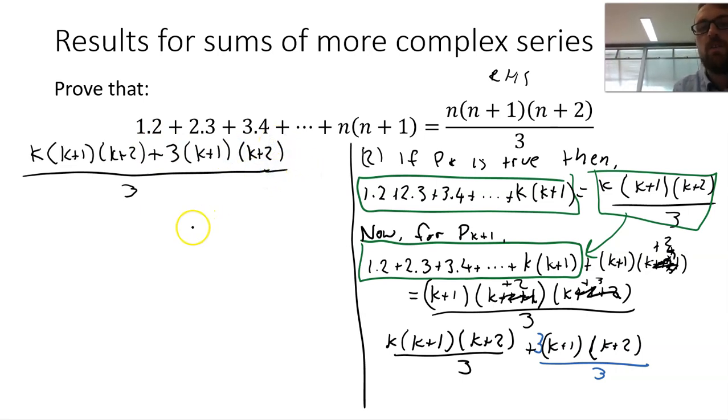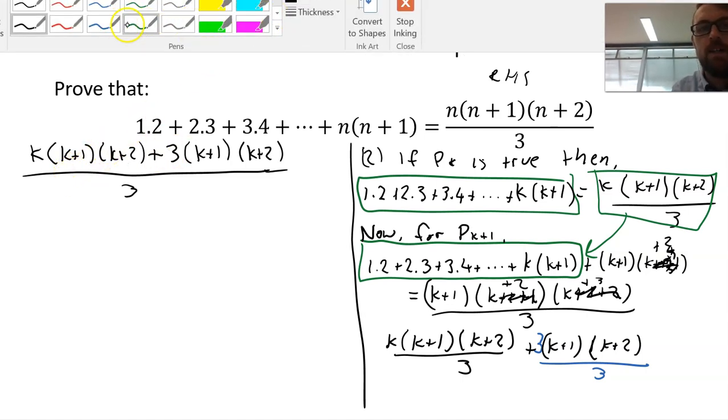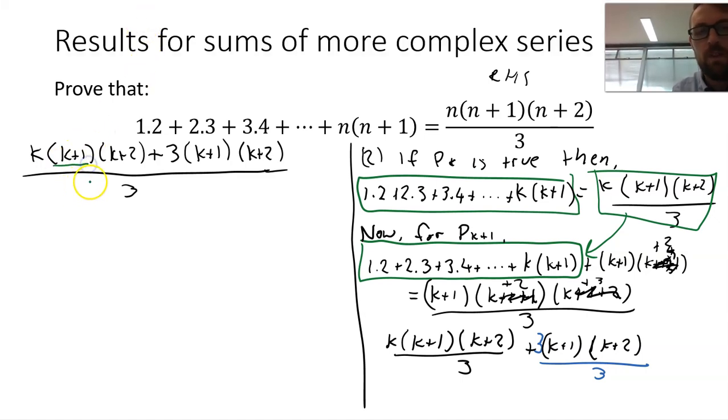So when we get questions like this, often they're written to come out nicely, so we can realize on this left-hand side of the equation, we've got k plus 1, and we have it here as well. So on either side of this addition, when we see that, we know we can factorize it out.